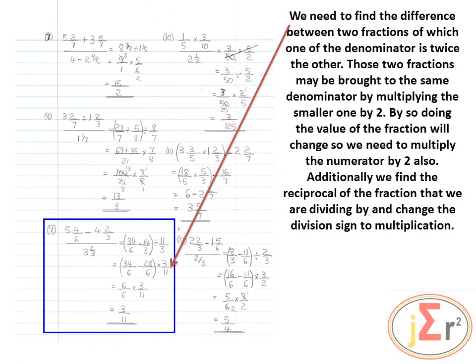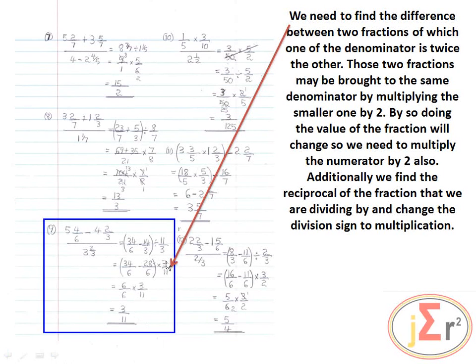We need to find the difference between the two fractions, of which one denominator is twice the other. Those two fractions may be brought to the same denominator by multiplying the smaller one by 2. By so doing, the value of the fraction will change, so we need to multiply the numerator by 2 also. Additionally, we find the reciprocal of the fraction that we are dividing by and change the division sign to multiplication.